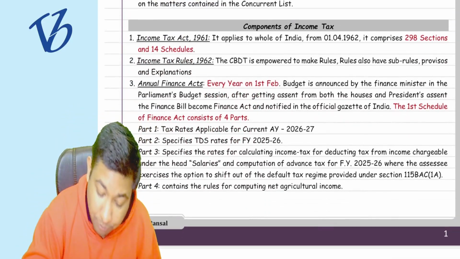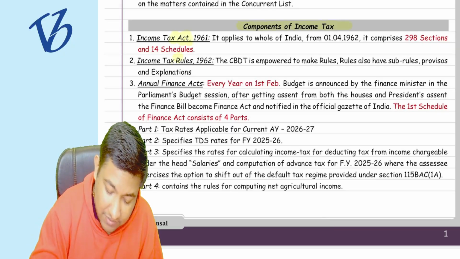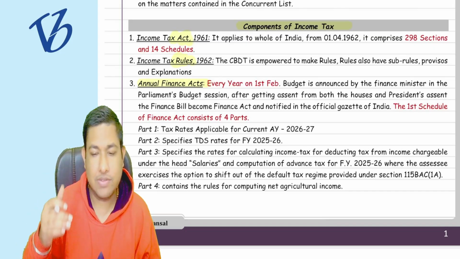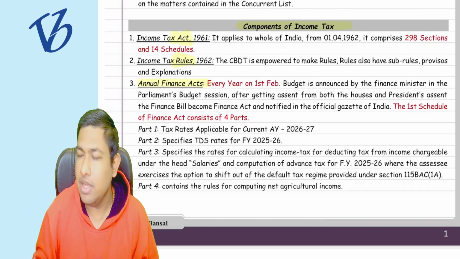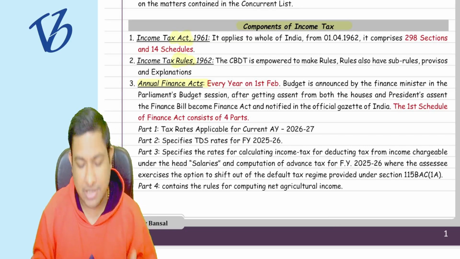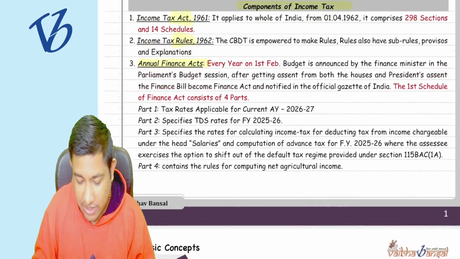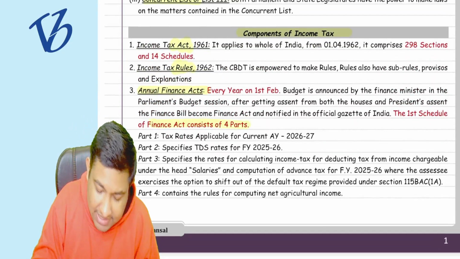Now, what are the components of the act? We have seen the income tax act, the income tax rules, and the finance acts. I have told you that every 1st of February the budget comes. We have seen the circular, notification, and case laws. Now in the finance act there are four parts.